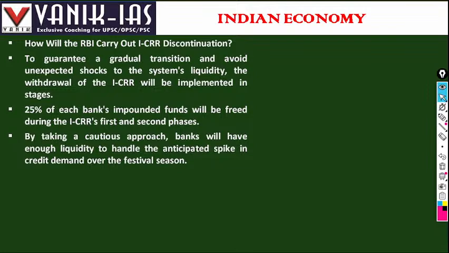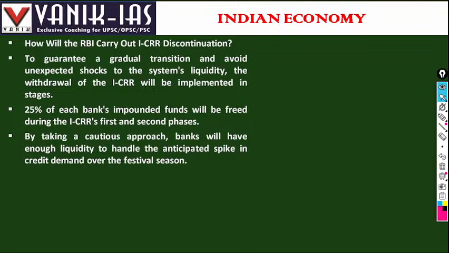This guarantees a gradual transition and avoids unexpected shock to the system's liquidity. The withdrawal of the ICRR will be implemented in stages. 25% of each bank's impounded funds will be released during the ICRR's first and second phases.